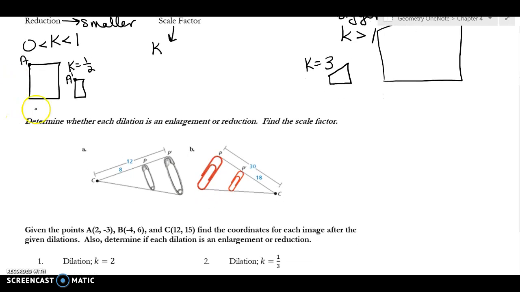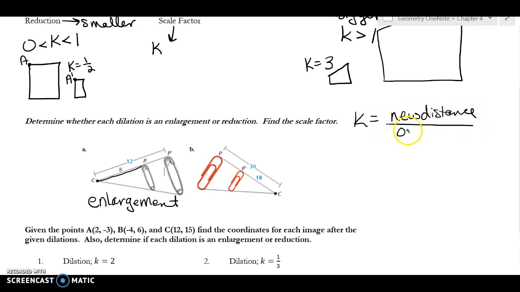So let's look at these first two and determine if it's an enlargement or reduction. This is my original safety pin, because it's P. And this is my new one, so this got bigger, so this is an enlargement. The way you find K, K is the new distance over the original distance.